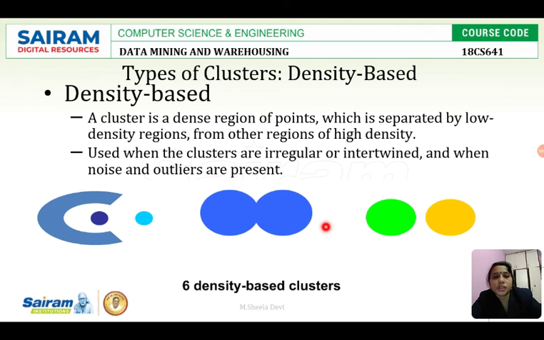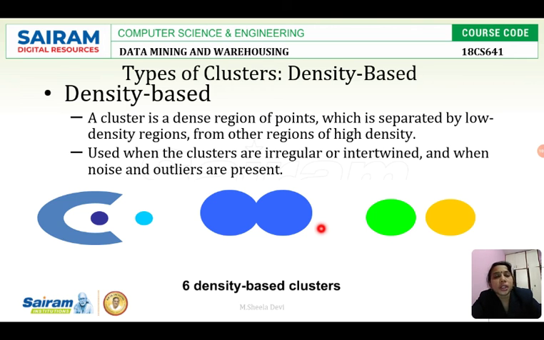Then density based cluster. Here a cluster is a dense region of points. As we said, a cluster is a group of points. In the density based cluster, the cluster is viewed as a dense region of points. It is densely populated. Every cluster has points densely populated, which is separated by low density regions.